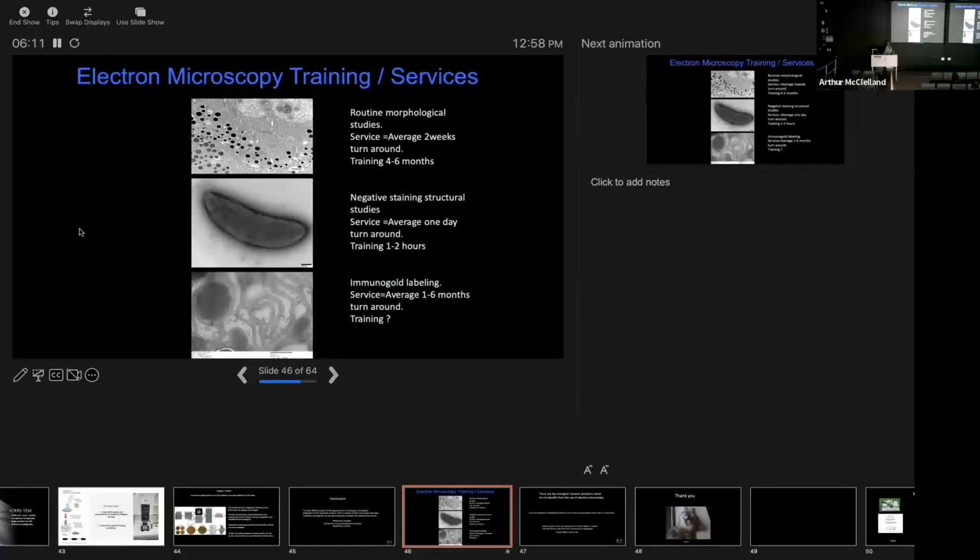There's a lot of parameters that need to be worked out. They all have to be worked out individually, from fixations to antibodies and all sorts of things. Training, I don't know, if you're already a good electron microscopist, training is an option. If you're not, you might want to spend your time doing something that's more productive.